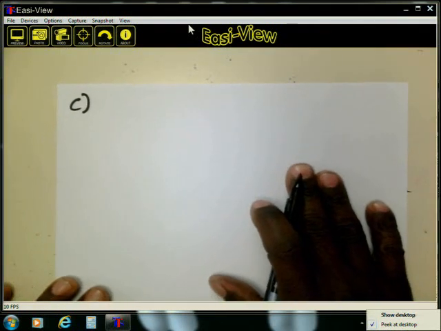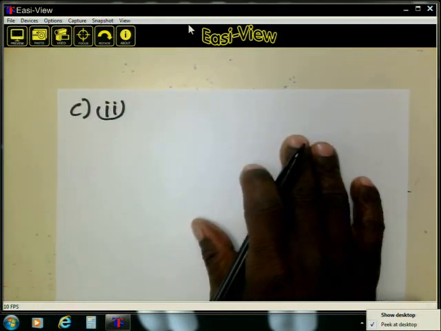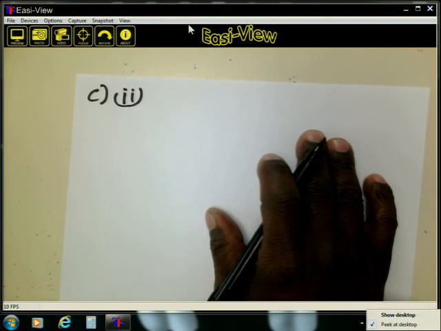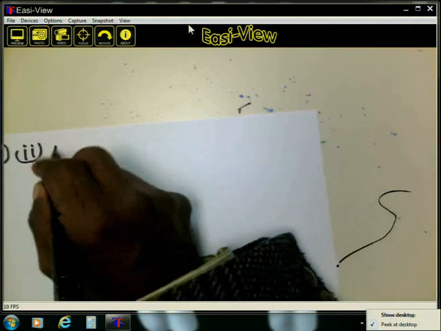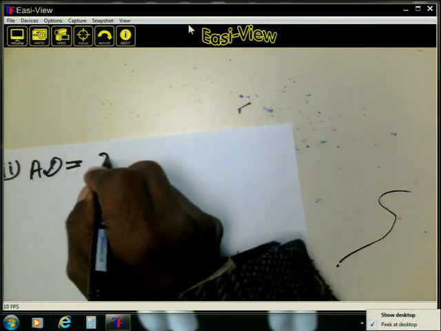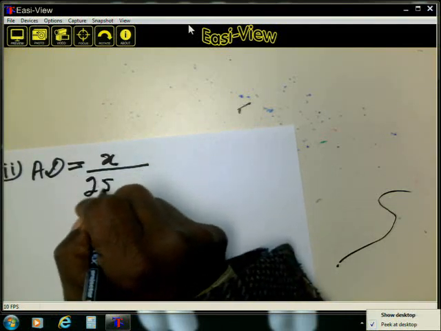Number 2 says, prove that AD is equal to x over 2 sine theta.